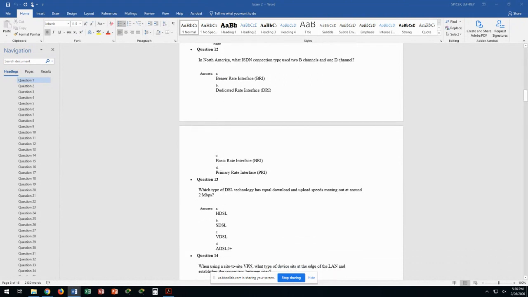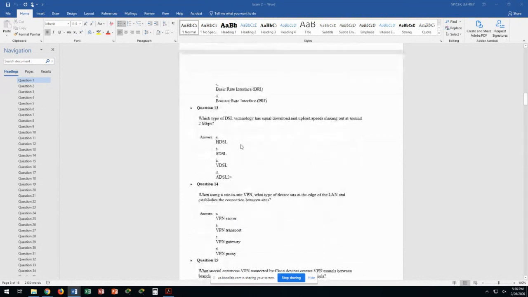All right, number 12. ISDN connection type uses 2 B channels and 1 D channel. What's that? C, right. The Basic Rate Interface, BRI, is the ISDN connection we use, with 2 B channels and a D. That's great.